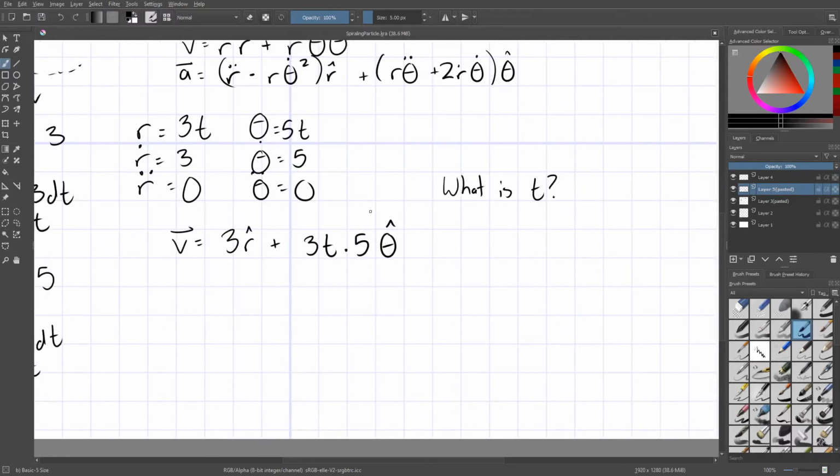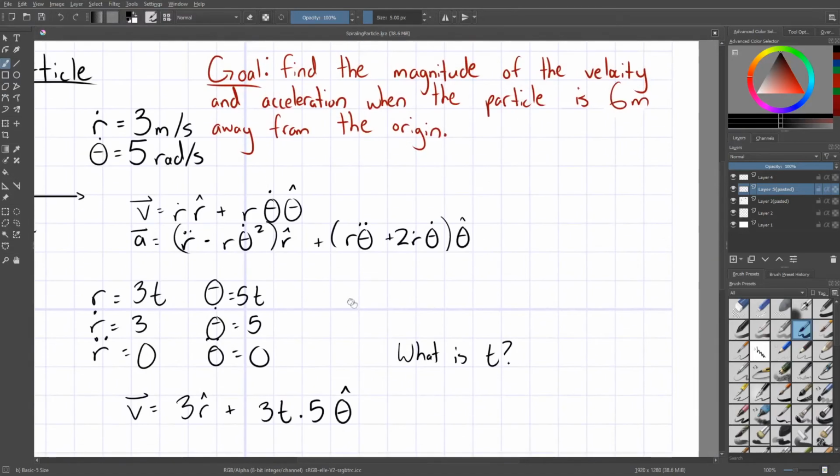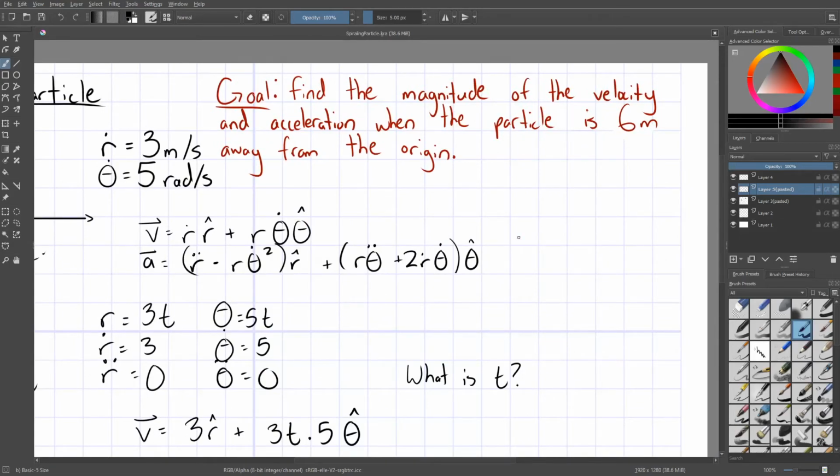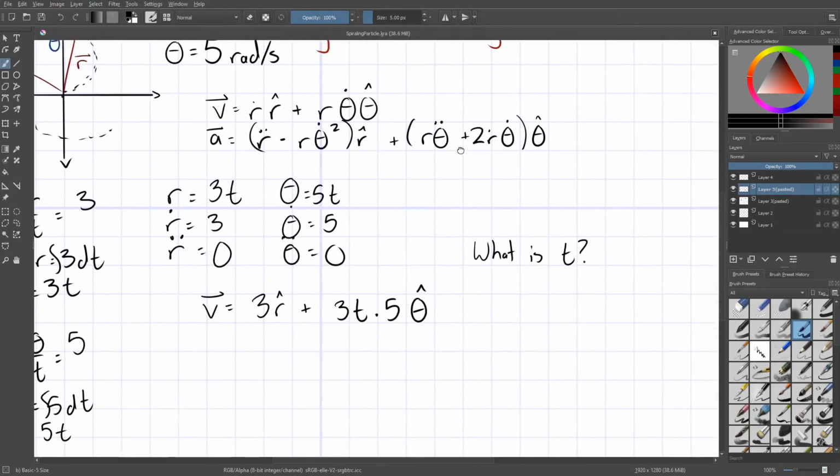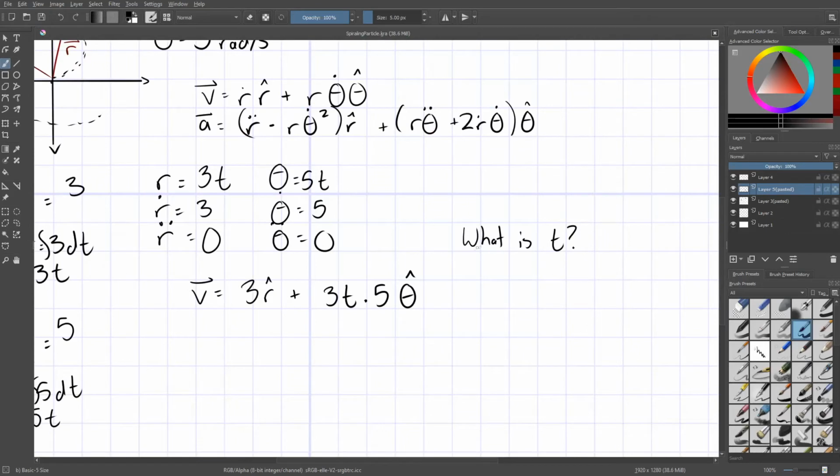This would be great if we just wanted a generic function for the velocity as a function of time. But we want it specifically when the particle is 6 meters away. Therefore, all we need to do is to solve for time when r equals 6. So r, which equals 3t, also equals 6. So t here equals 2.